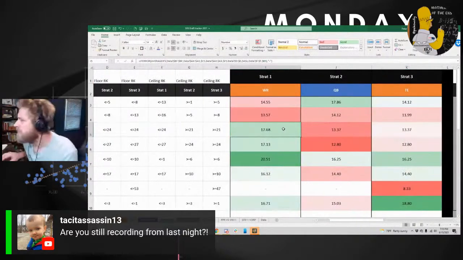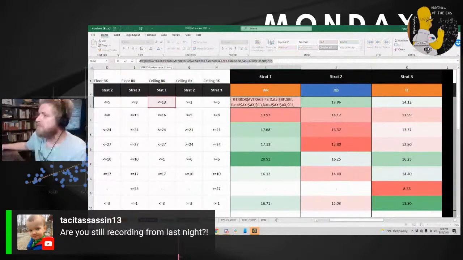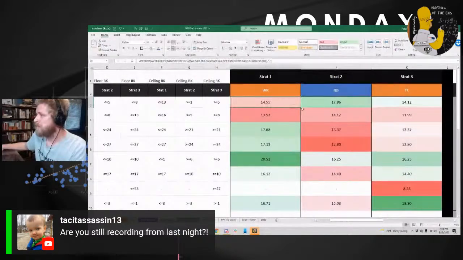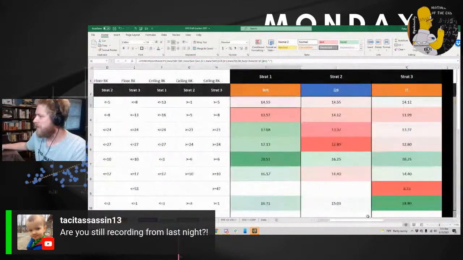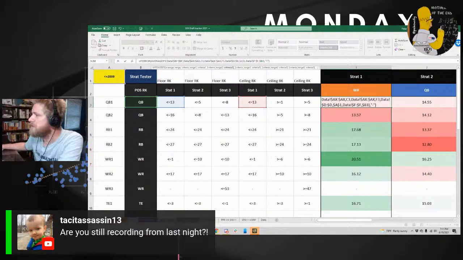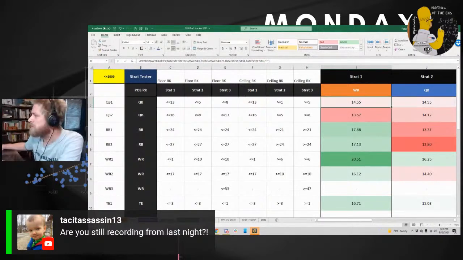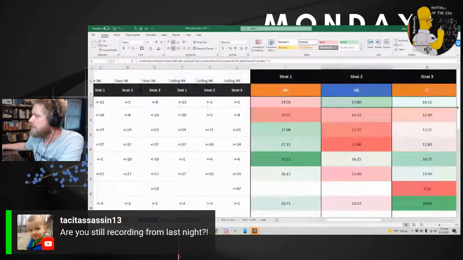Okay, what's going on here? I just have to fade the locks on this one, and this one. This one.